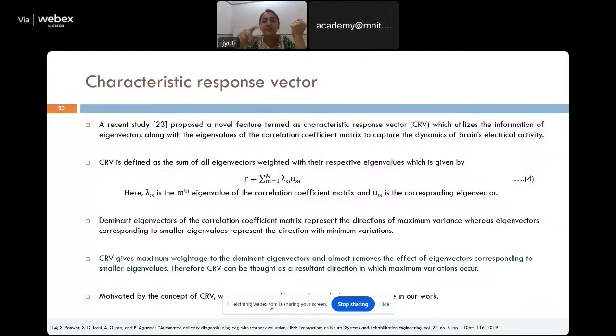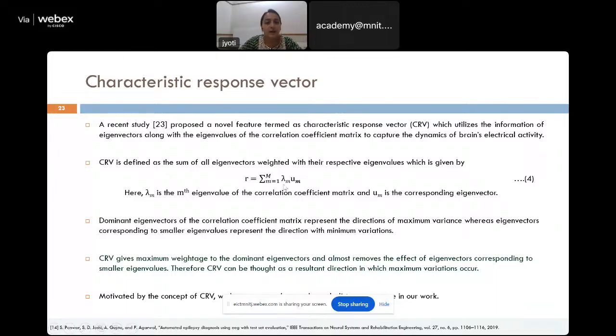For any matrix we can find the eigenvalues and corresponding eigenvectors, right? Once we have them, the CRV is basically a feature vector which combines the information of eigenvalues and eigenvectors for that particular matrix. So how is it defined?